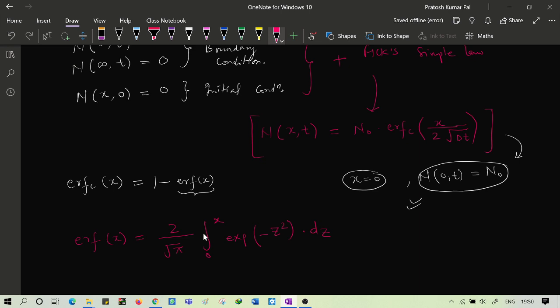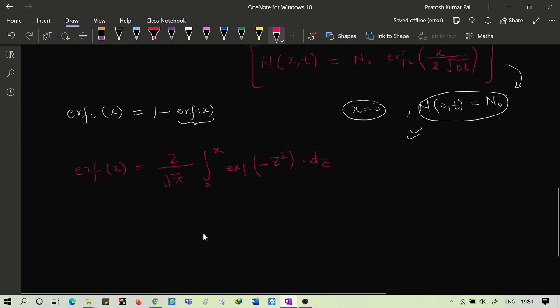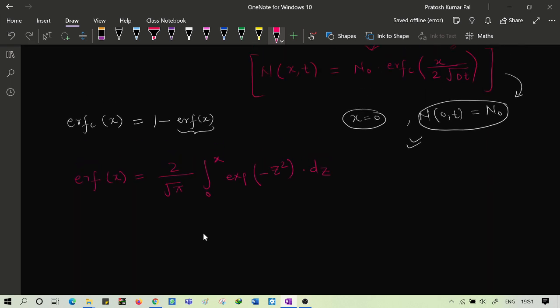We will put this x with respect to our variable available here. So once we put this variable into the equation, this is the concentration of dopant at x and t positions.